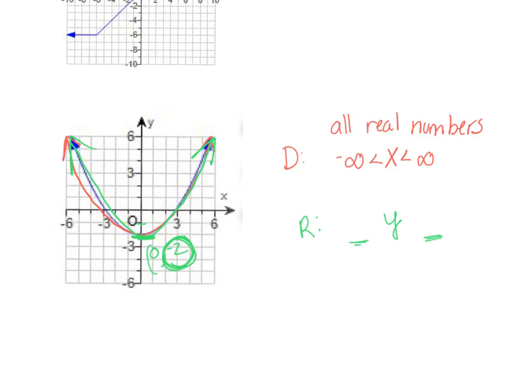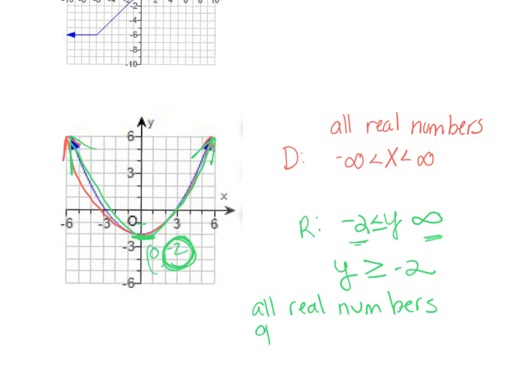So I could say that this is between -2 and positive infinity. Another way I can write this is to say all of my y values are greater than or equal to -2. Or I could just write it out in words and say that the range consists of all real numbers greater than or equal to -2.